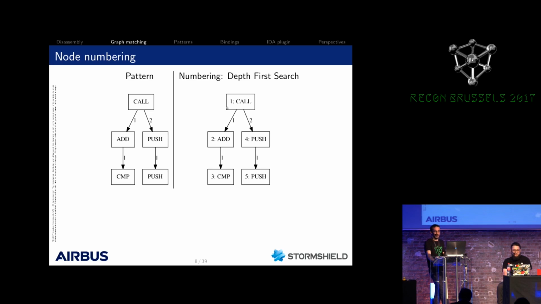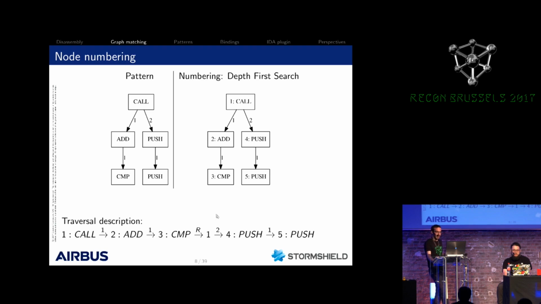That is the following. I take the root node, so it's a call, I number it 1. Then I take the first child of the call, I get to the add, I number it 2. Then I take the first child, I number it 3. Then I go back to the call, I go to child number 2, number it 4, and go to child number 1, number it 5.